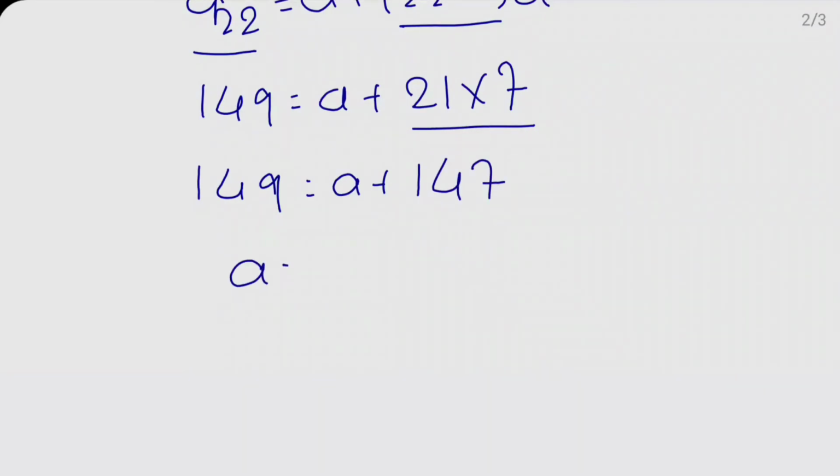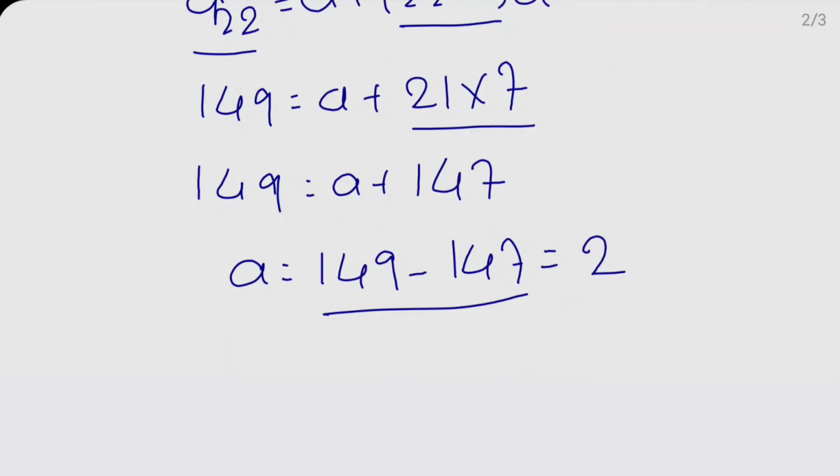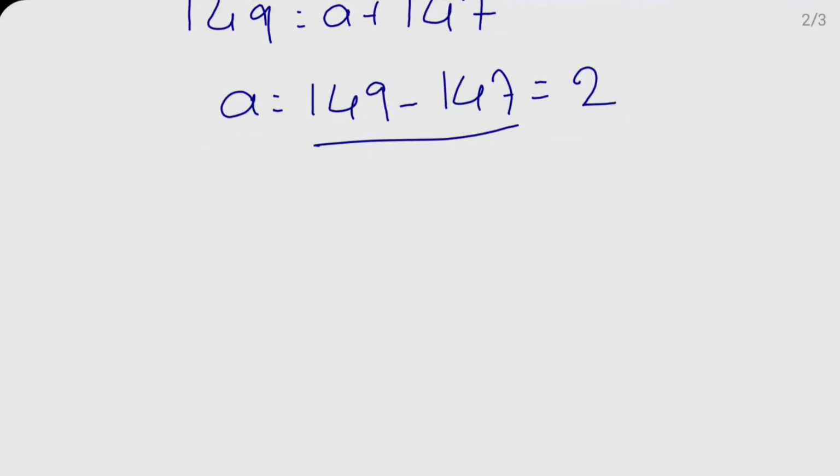So now a equals 149 minus 147. Making this subtraction, we got 2. So here a is 2. So now we want to find S22.